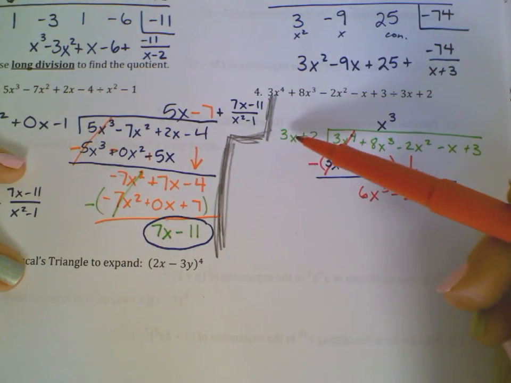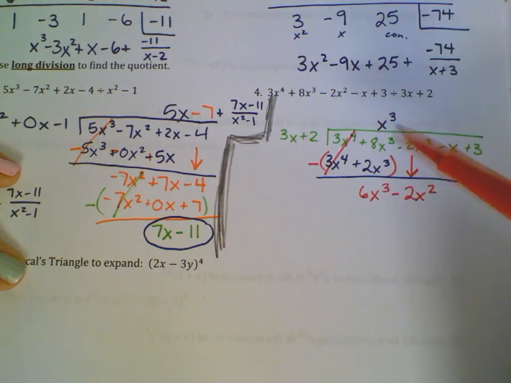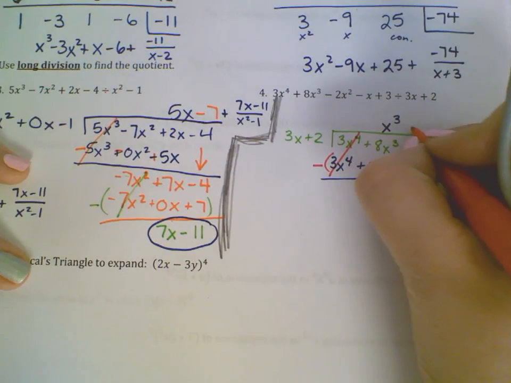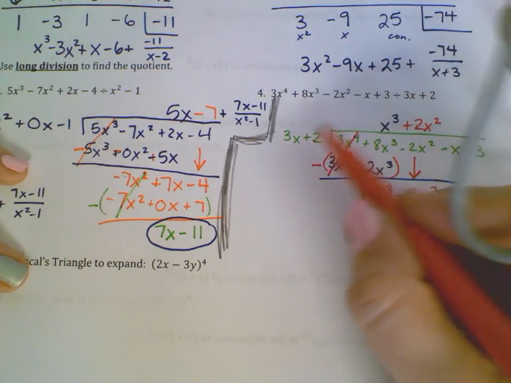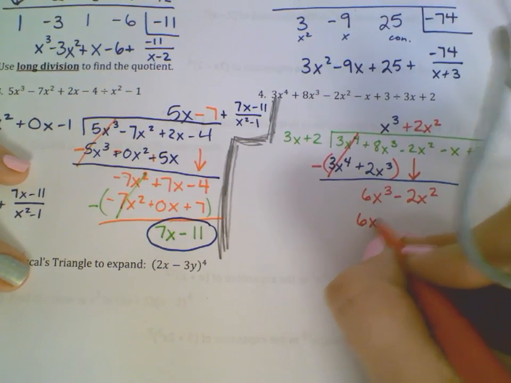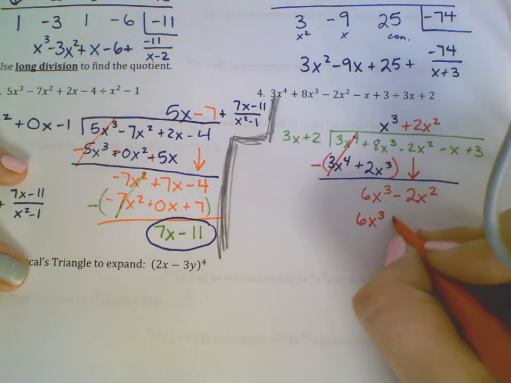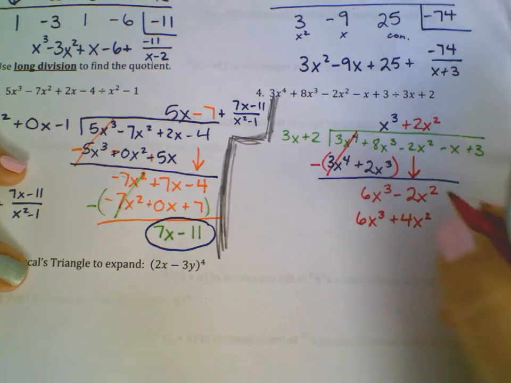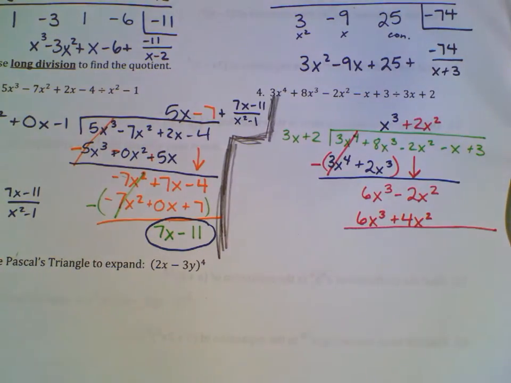Now I'll think, 3x times what gives me 6x cubed? That needs to be 2x squared. So a positive 2x squared. 2x squared times 3x gives me 6x cubed. 2x squared times 2 gives me 4x squared. I'm going to need to subtract.